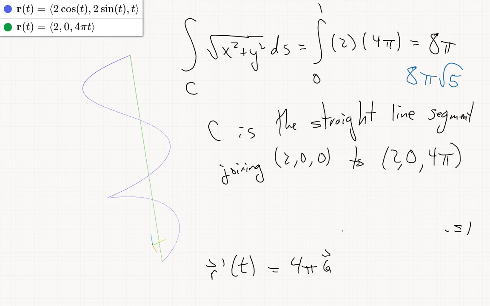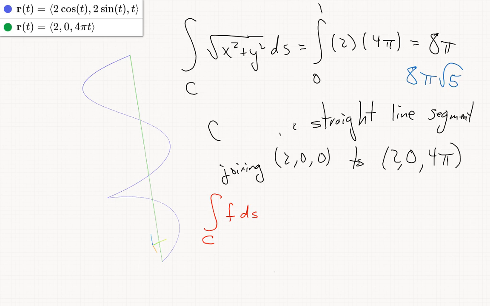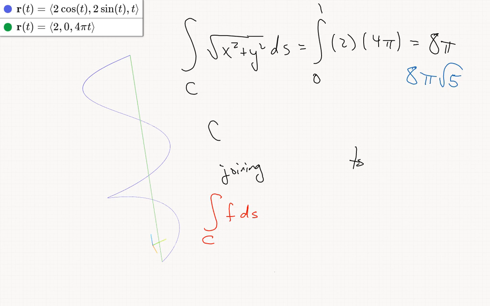So let me make an important observation, which is that if we have a curve joining two points, so if C is a curve joining a point A to a point B, then the value of this integral can change.